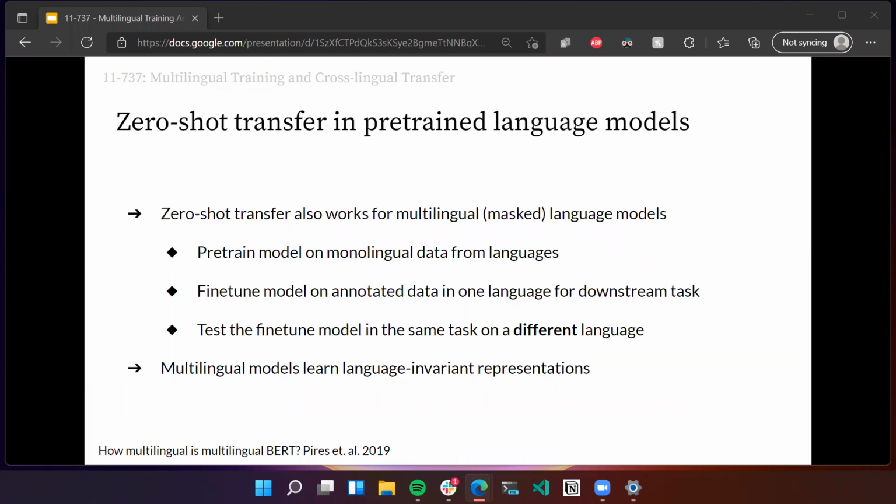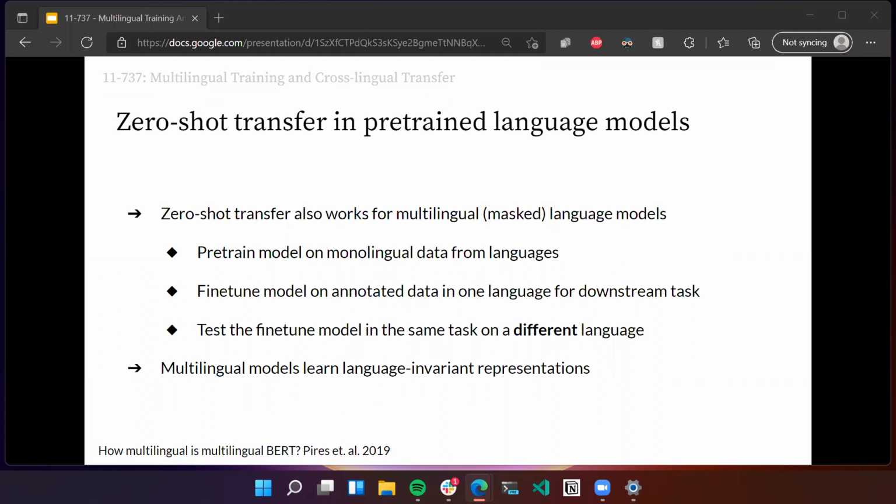And another point, just to move a bit outside of MT, is that zero-shot transfer also works for pre-trained language models in the standard pre-train and fine-tune paradigm. Concretely, if you had an MLM model such as mBERT that was pre-trained on large monolingual corpora from many languages, and then you have a downstream task where you just have labeled data for one language, if you fine-tune your model on that language, it's quite likely that at test time, if you test on the same task but on a different language, the model will still work.